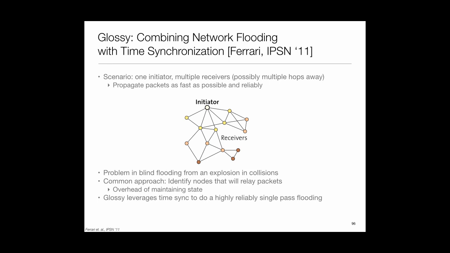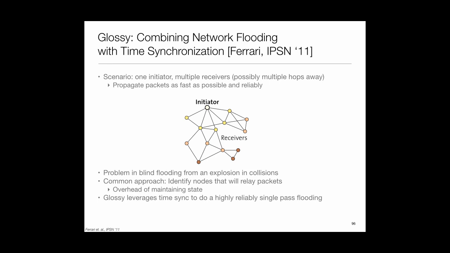Flooding is a very well-studied problem in networking. It basically says one node has a data item, and we need to make it available to everyone else. A lot of network protocols deep down depend upon flooding, but flooding is also often useful as a higher level primitive. I may have a command, I want all the sensor nodes to learn it.